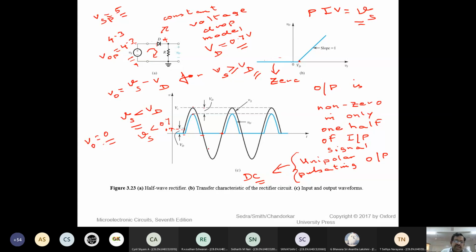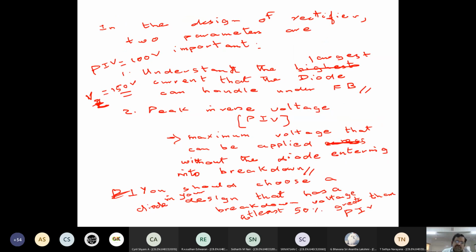It is a real waste in terms of energy efficiency for rectification. So seldom is a half wave rectifier used, except that we understand how a half wave rectifier behaves. What normally one uses in circuits is a full wave rectifier.